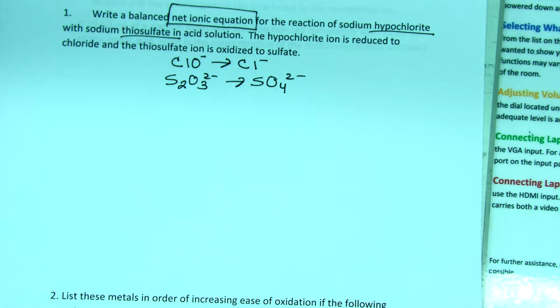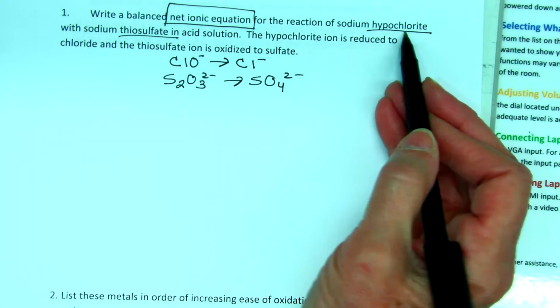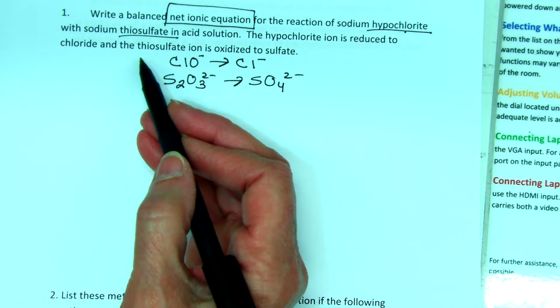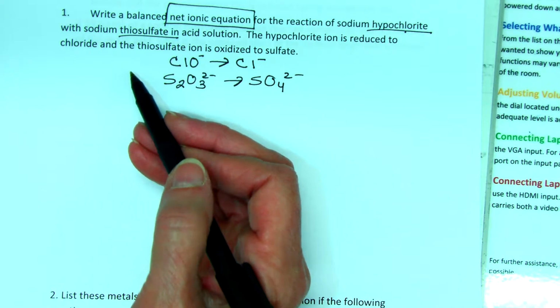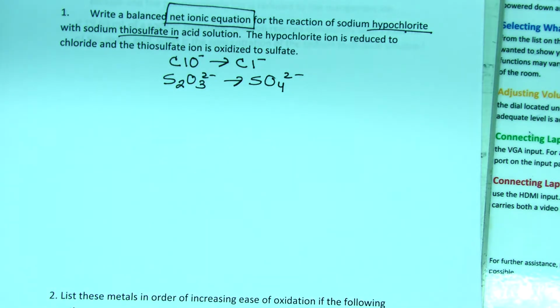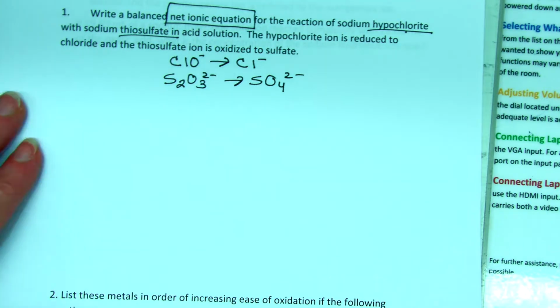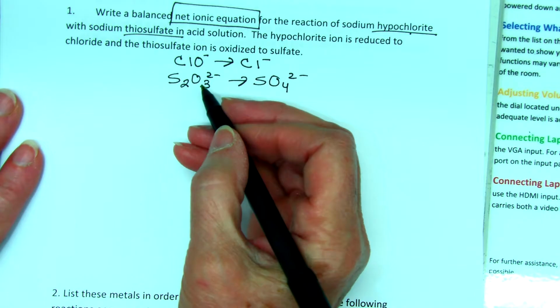Sure we have. Have we talked about nomenclature, that you better know what hypochlorite and thiosulfate and sulfate and chloride are? Sure we have. Do you remember? Maybe not, right? But at least when you're doing them on the homework, you can go ahead and look at your resources. So these are problems that are starting to combine concepts because we're combining nomenclature with balancing a redox equation. So now we go through the steps.